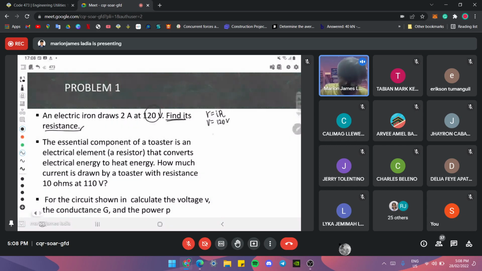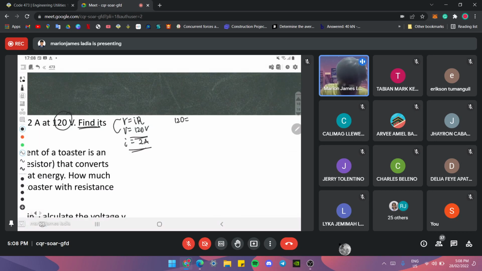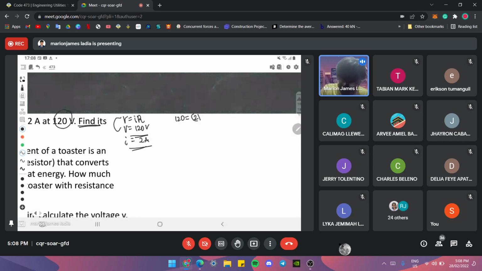Our I was initiated as 2 ampere. So therefore, I may say that 120 volts, substitute natin yung value dito, which is equal to my I, which is equal to 2 ampere multiplied by my R. So therefore, I will have a value of my R, which is equal to 60 volts per ampere, or it is equal to 60 ohms.